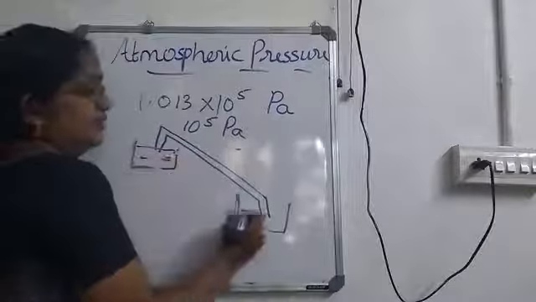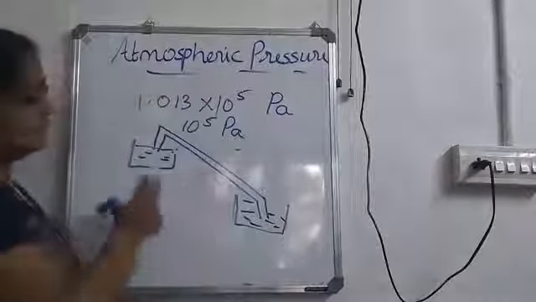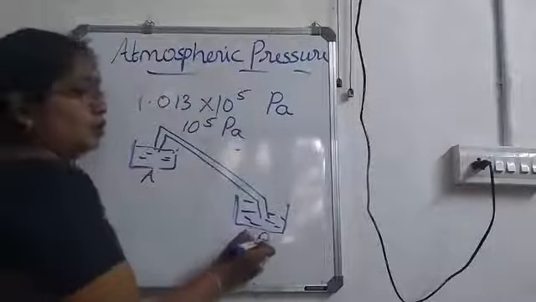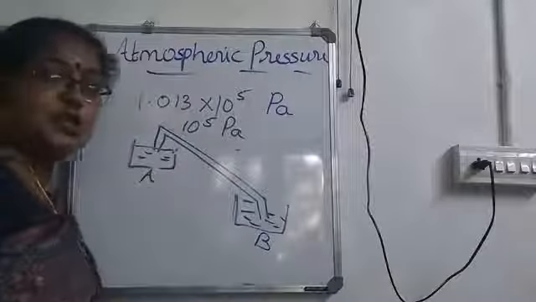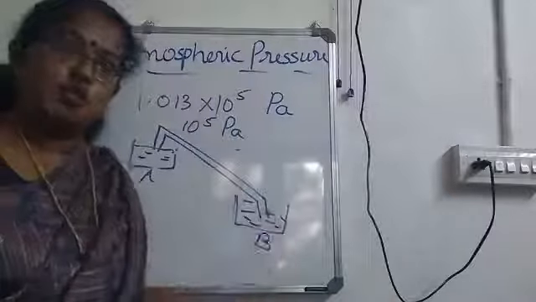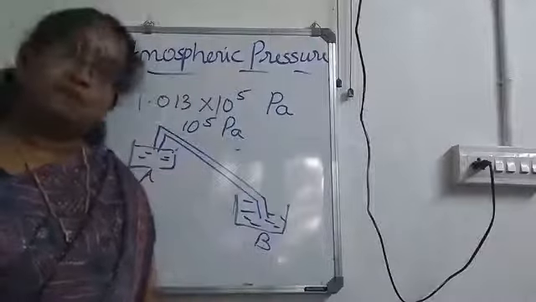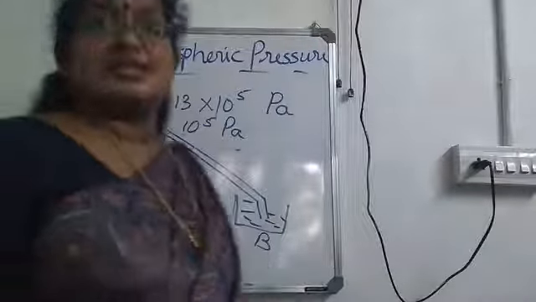Both contain water, and if you simply keep this tube like this, water from tank A won't move to tank B. What you have to do? First, just suck the air present inside this tube. Then what happens? Naturally, the water will come to B. Okay. So this is known as a siphon system.